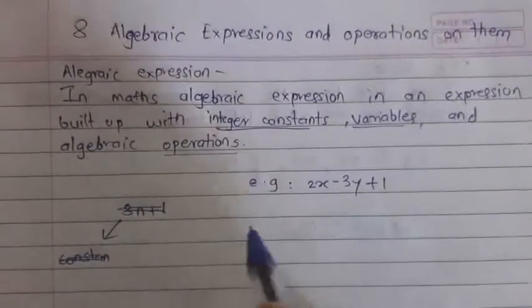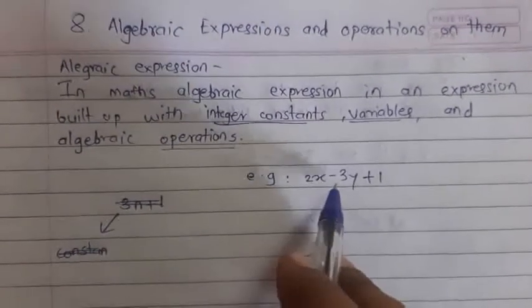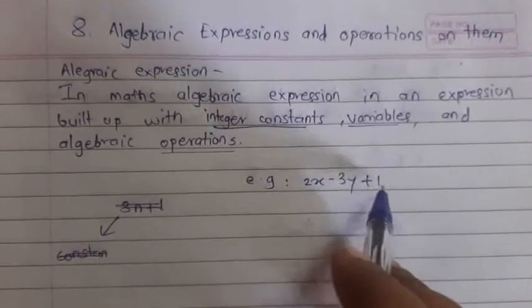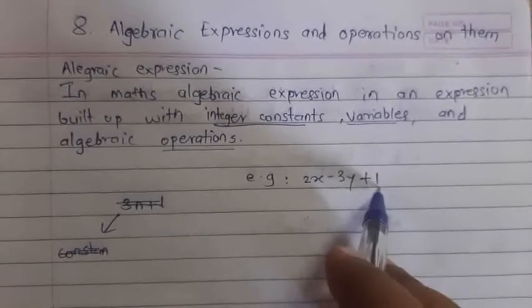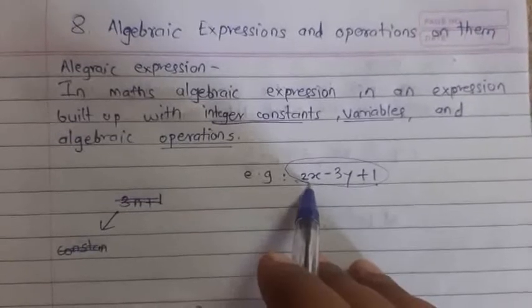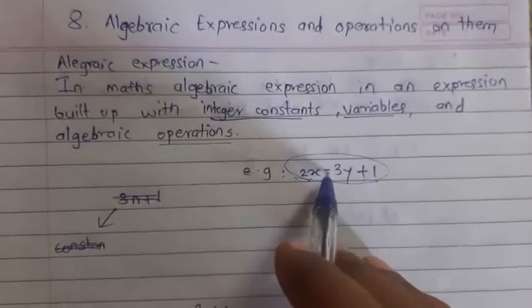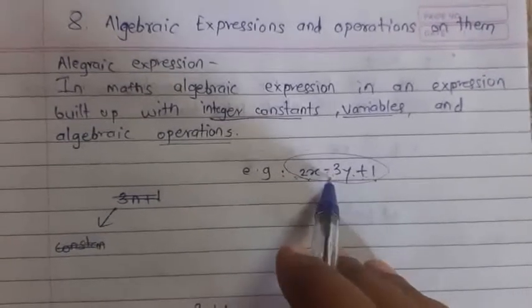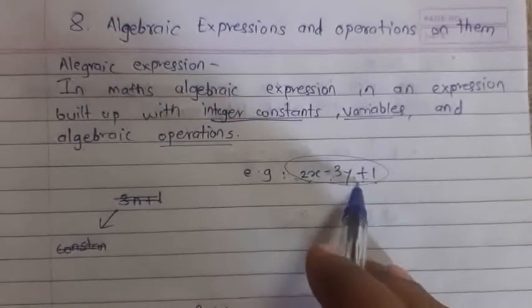For example, 2x minus 3y plus 1. So here this is called an algebraic expression. It contains operations, subtraction and addition.